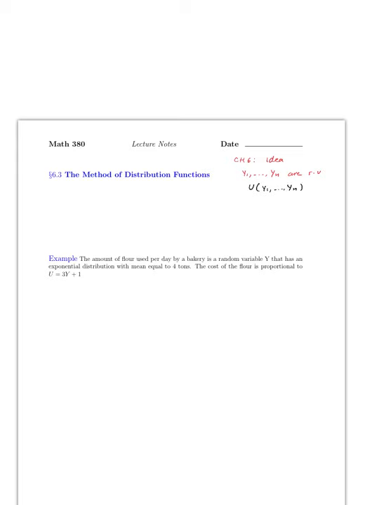We're interested in finding the probability distribution function of U. For that we have three methods. 6.3 is the first method, 6.4 will be the second one, and 6.5 is the third one.